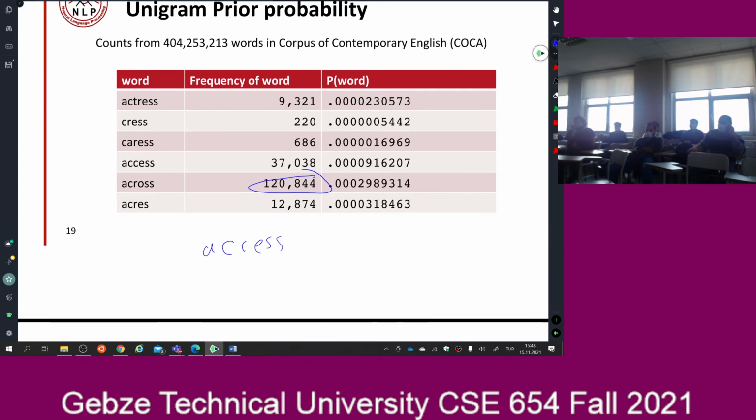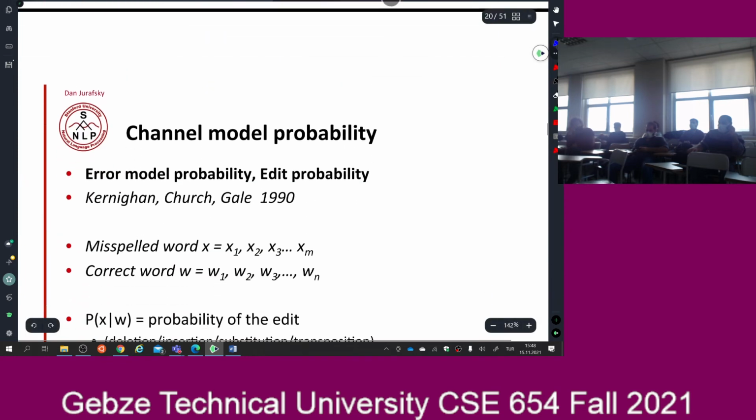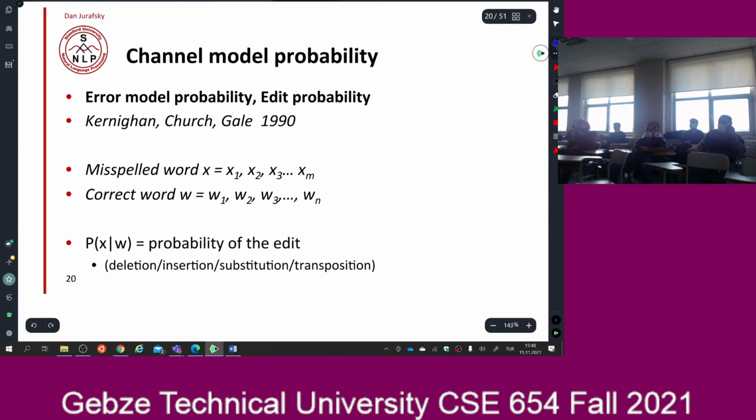Let's look at this channel model again. What kind of mistakes am I making, and how frequently am I making them, and can I use that information with the noisy channel model? So, the misspelled word X has M characters in it, and the correct word W has N characters in it. And I am going to compute the probability of the edit: what is the probability of seeing this X given this W?